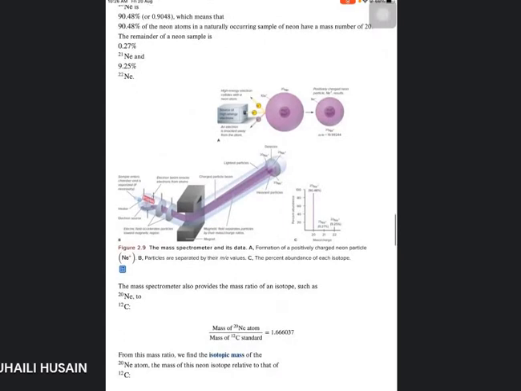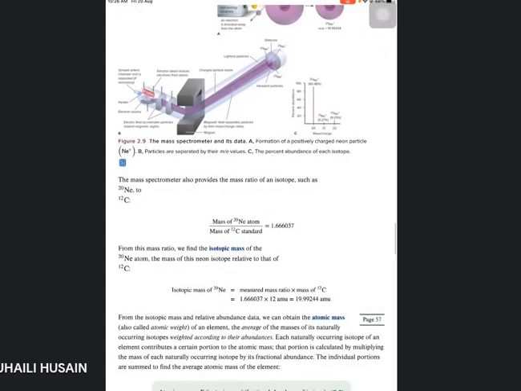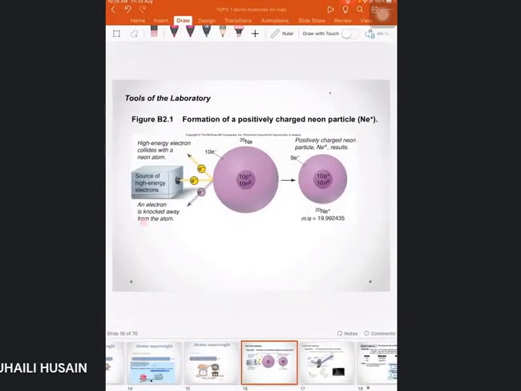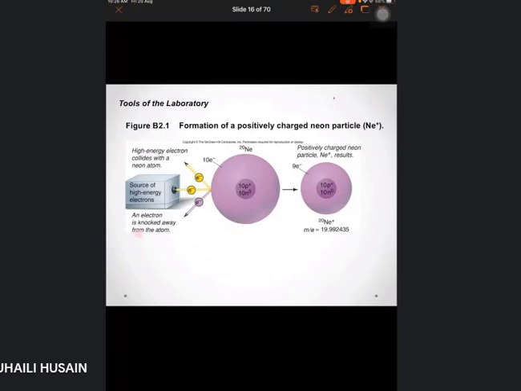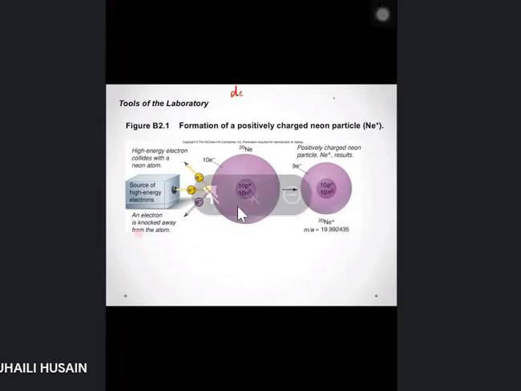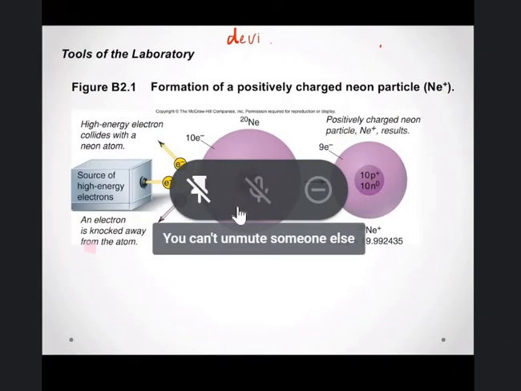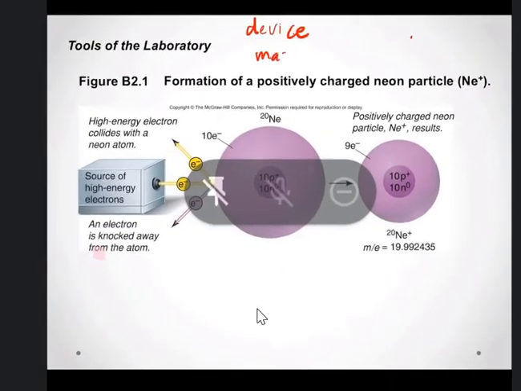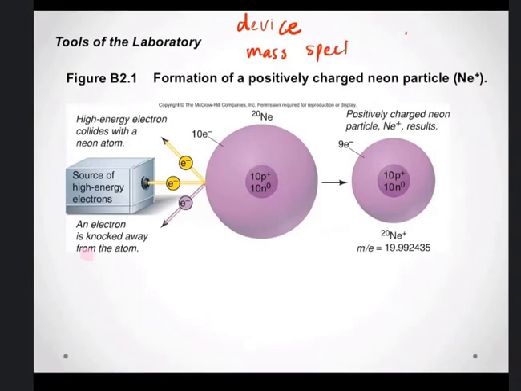So ini, tetapi because this is at foundation level, you are going to learn only the basic of this one. Okay, basic sahaja. So, apa itu mass spectrometer? Okay, so this is actually tools of the laboratory. It's a device. Okay, device yang kita guna in the lab, and nama dia tadi again is a mass spectrometer.